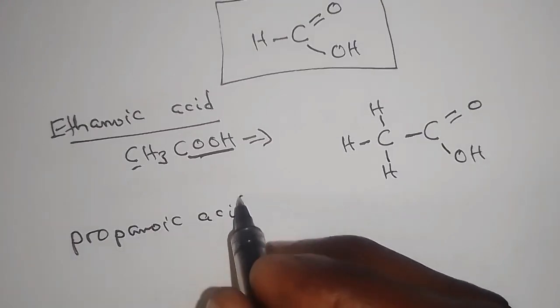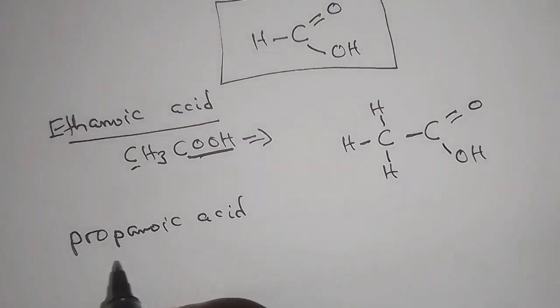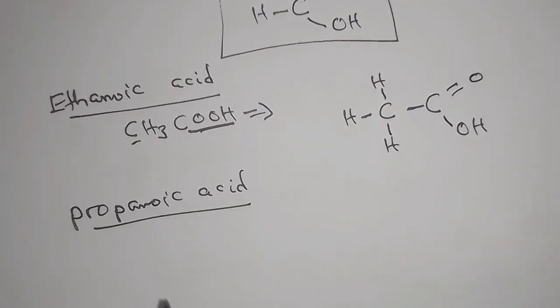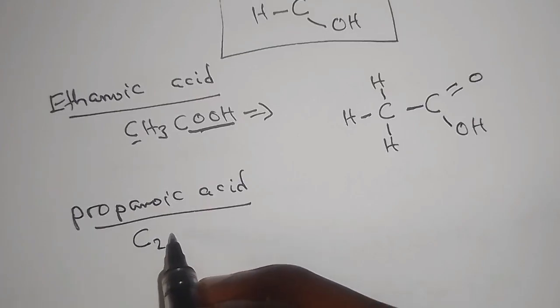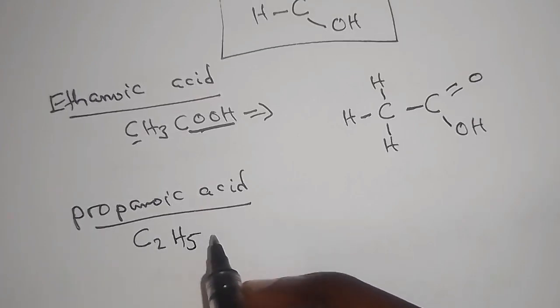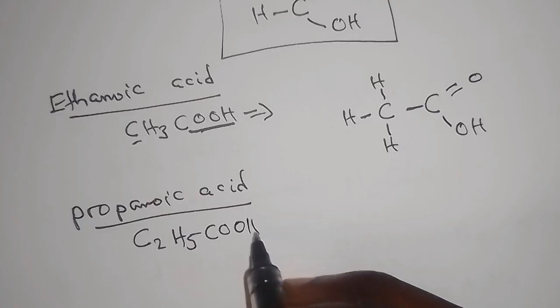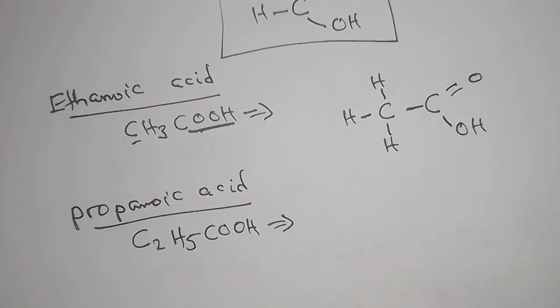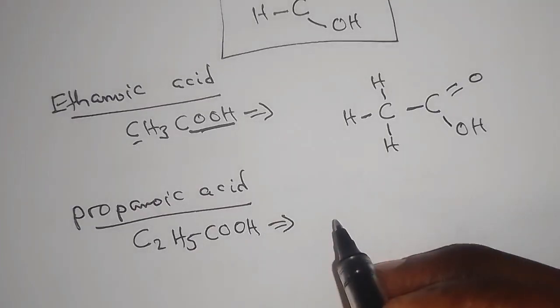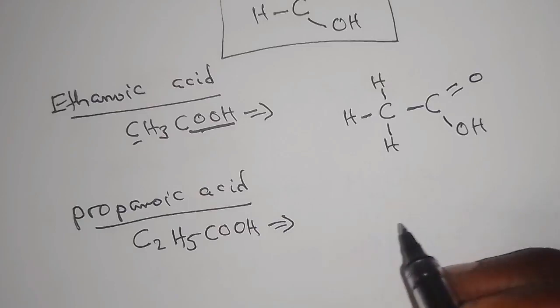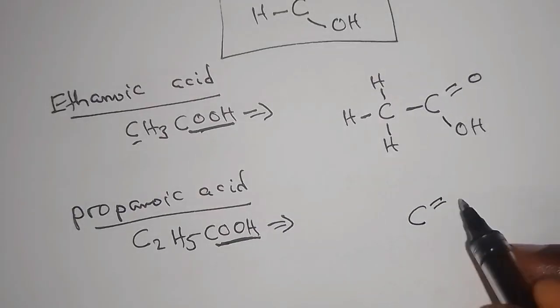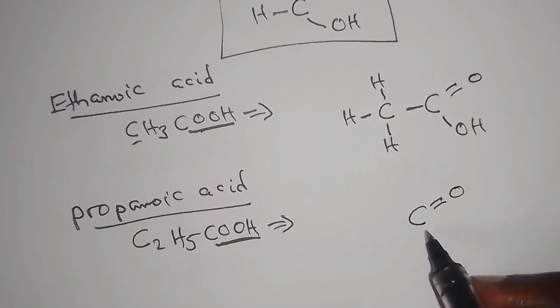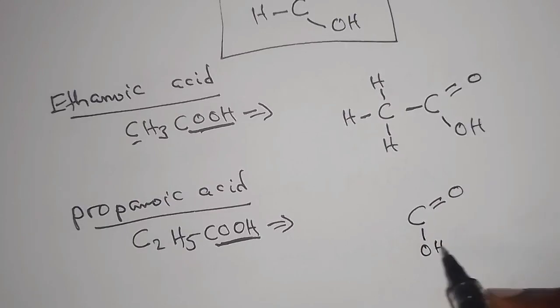What about propanoic acid? We had this one as C2H5COOH. So in the structural formula, you start with this, like this, and this.